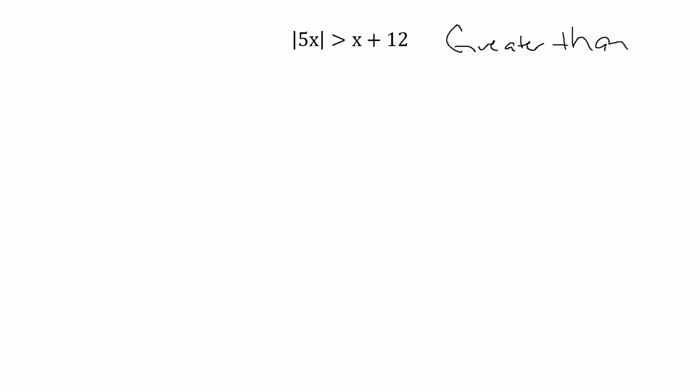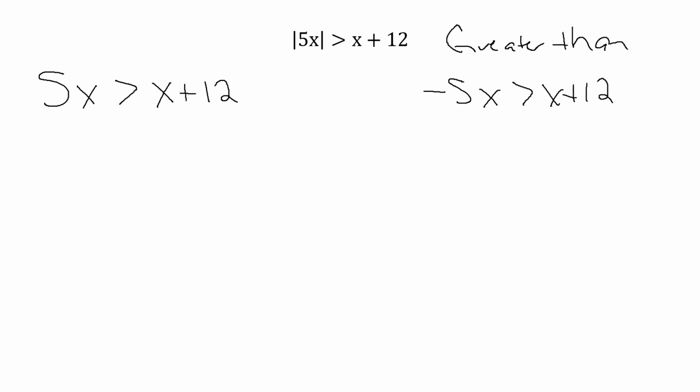Sorry. If it's greater than, we are still going to split it up, but in this case, we have one positive, we have one negative, and because we worked these a few minutes ago, I'm not going to take the time to work all the way through it. They're the exact same problems.